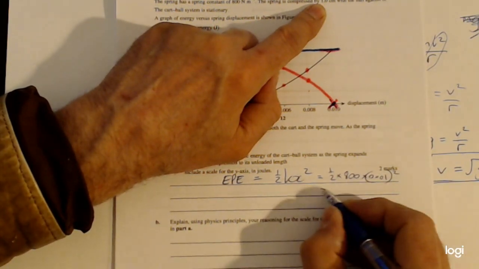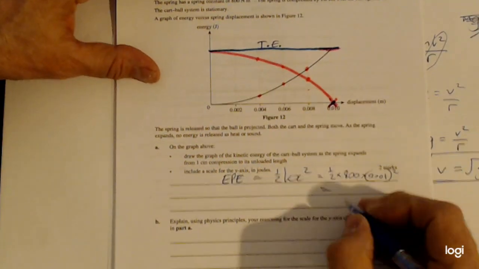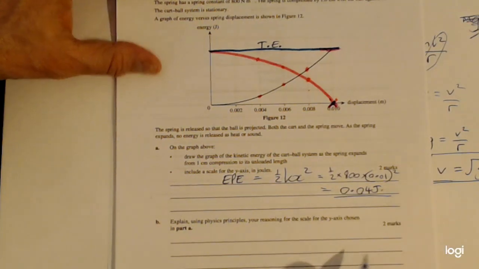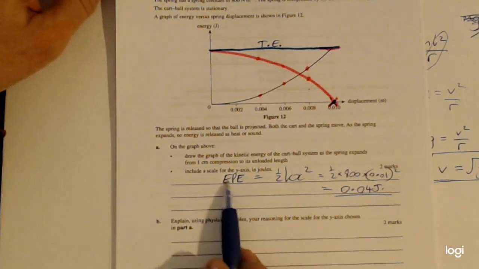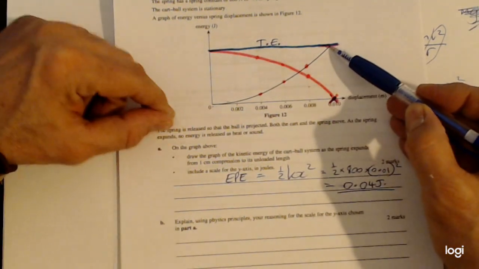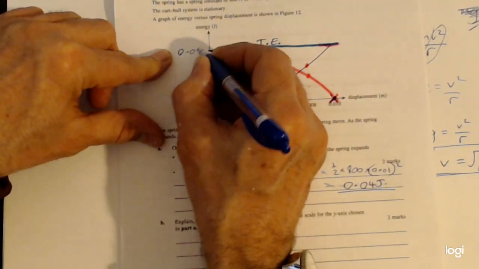Once again, get the units right. That comes to 0.04 joules. So that is the maximum amount of elastic potential energy that this thing ever has, which is up there. So that point here is 0.04 joules.